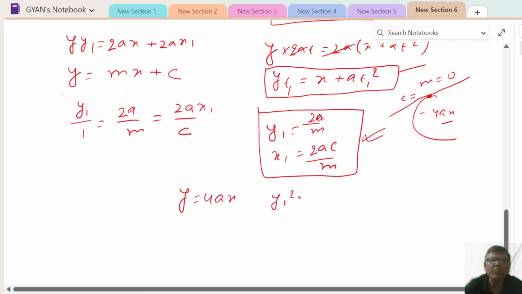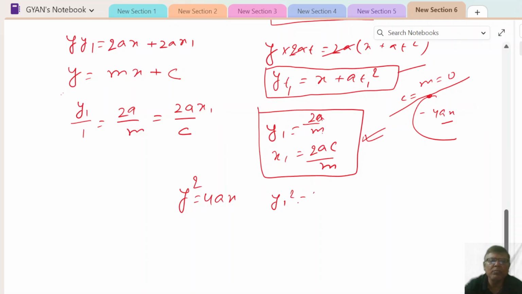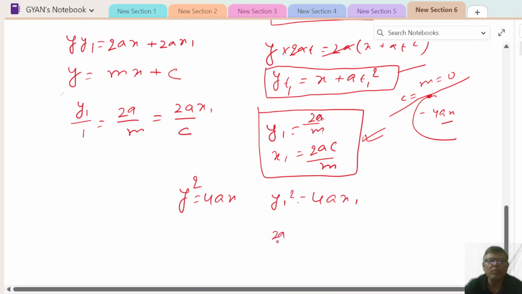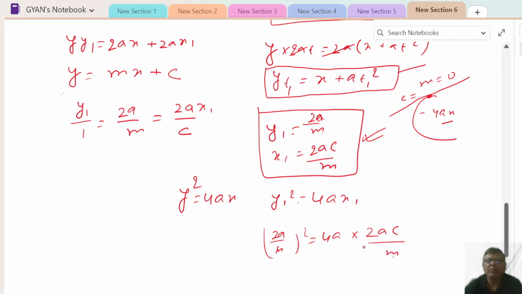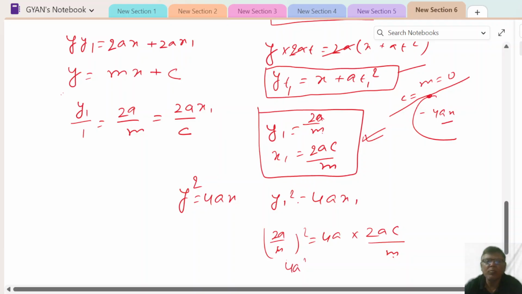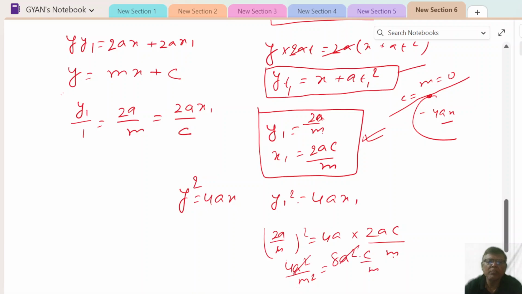So y1 square is equal to 4ax1. So you put 2a by m the whole square is equal to 4a into 2ac divided by m. So 4a square by m square is equal to 8a square c by m. Then a square gets cancelled, and m and m get cancelled.